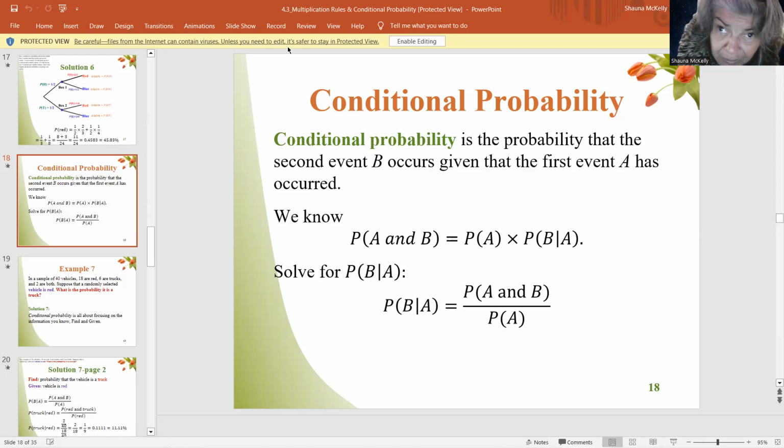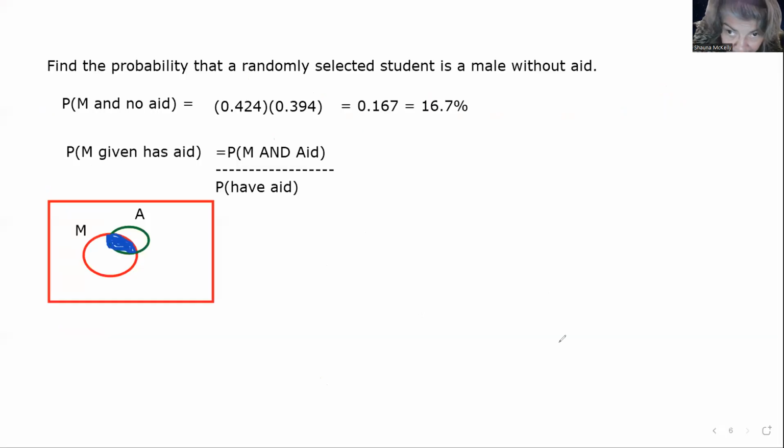One more time, let me come back to this here. We're going to look at our example. Probability of male and aid divided by the probability that they have aid.